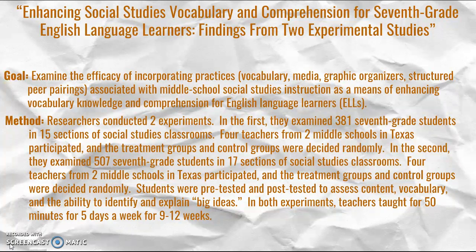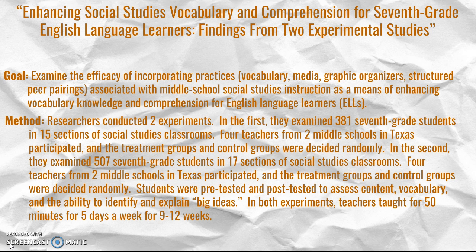These practices included research-based vocabulary and concept instruction, the use of media to build comprehension, the use of graphic organizers, and structured peer pairings. This study includes many of the aspects the previous study tested with the addition of media. They achieved this by conducting 2 experiments at separate times, something else the previous 3 studies did not do.